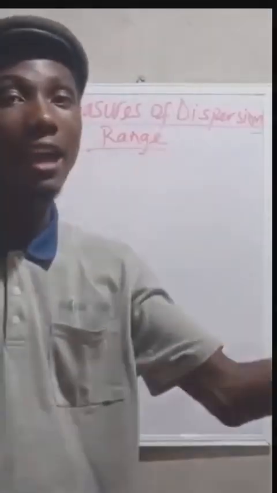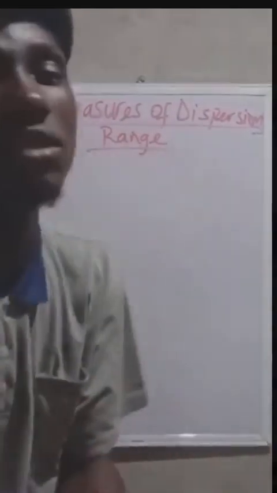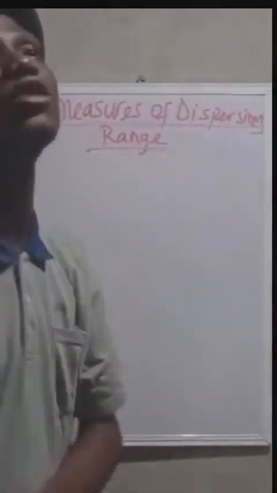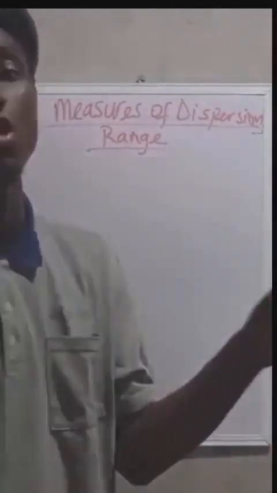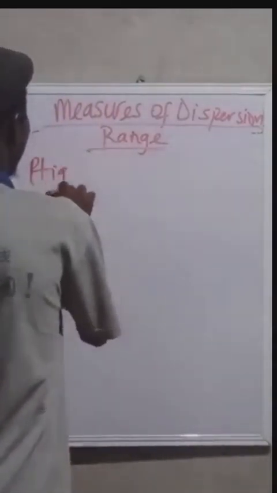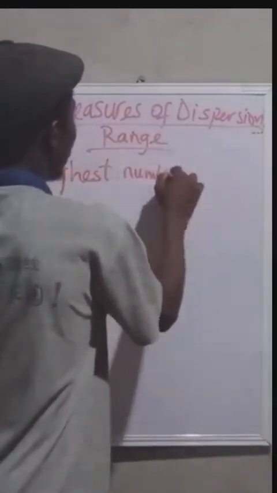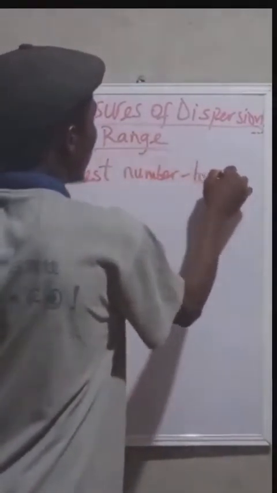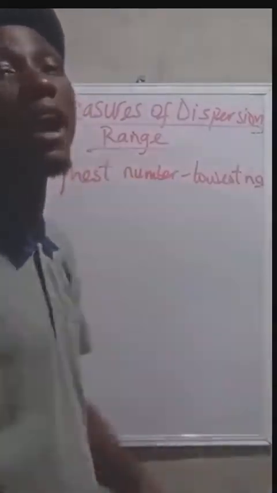We have the highest number and the lowest number. So when you have a set of data, your range is equal to the highest number minus the lowest number. This is what we mean by range.